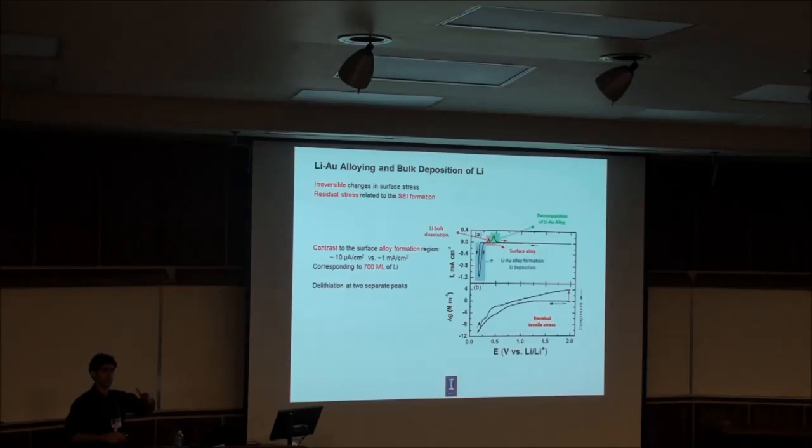When we come back anodically, we remove that lithium, and we develop the compressive stress and then remove that compressive stress. But unlike the surface alloy region, now we have some residual stress on the surface. Unlike that system, which went back exactly to where we started at the beginning of the cycle, now we have some residual stress developed on the surface.